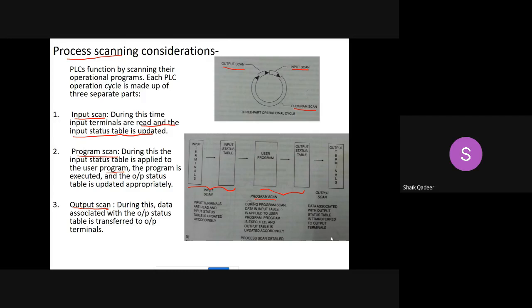Motors, solenoid valves, relays, output relays. Yes. They are all examples of output terminals. Actuators.